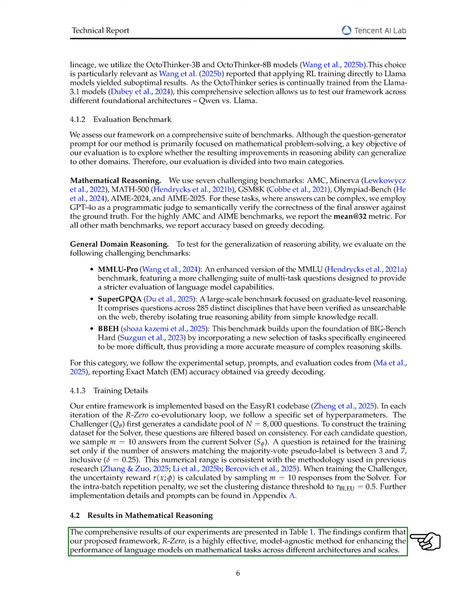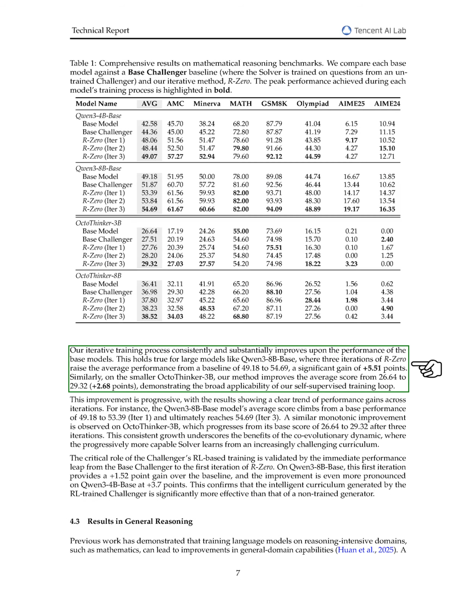In our results for mathematical reasoning, we present comprehensive findings that show our R0 framework significantly enhances the performance of language models on math tasks across various architectures. Our iterative training process consistently improves the base models. For example, with the Qwen3-8B-Base model, 3 iterations of R0 increase the average performance from 49.18 to 54.69, a gain of 5.51 points.